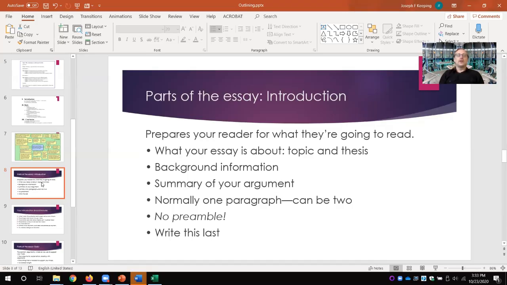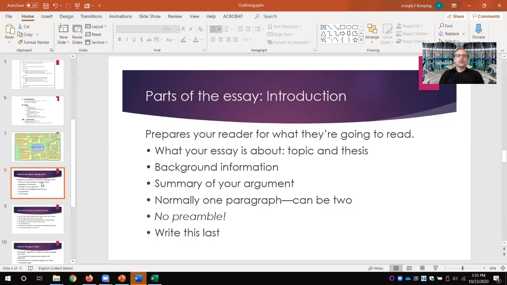Another piece of advice for writing essays in general, not just the essays in this course, but in all your courses, and in fact, anytime you have to write an essay where you are going to be doing a formal introduction, I strongly recommend that you write the introduction last. Why? Well, because if you write the introduction last, that makes the introduction very easy to write.